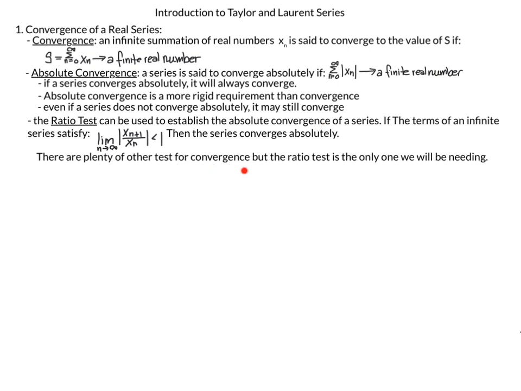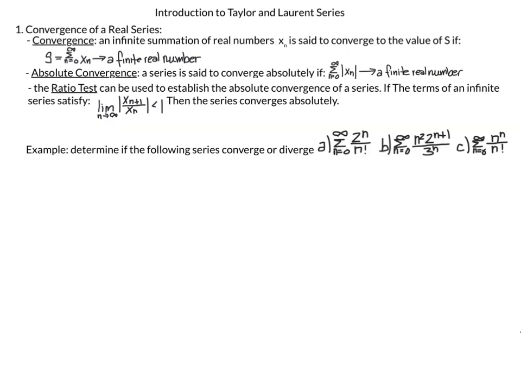And there are other tests for convergence other than this ratio test, but the ratio test is the only one we will be needing for this book. I have these 3 examples to determine if these three series converge or diverge. And this will look a lot like what we did in first year calculus.